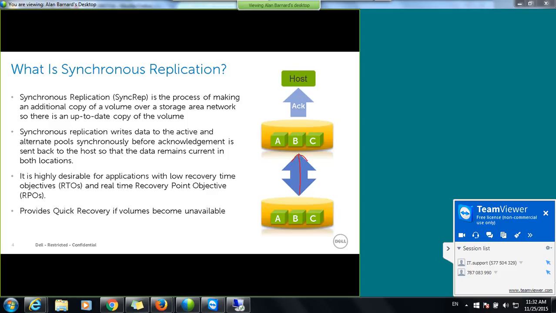This is between the two pools, and your network is critical in here. If your network is slow, then your performance is going to be slow as well, because when a host writes, before it sends acknowledgement, it needs to write to both sides.